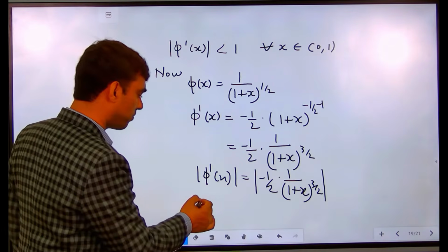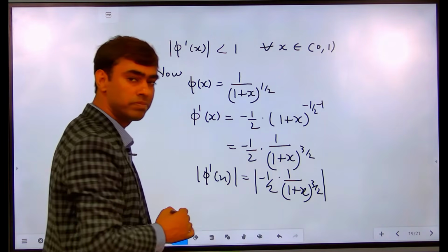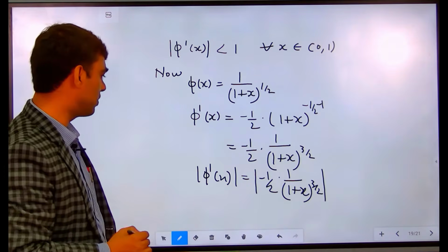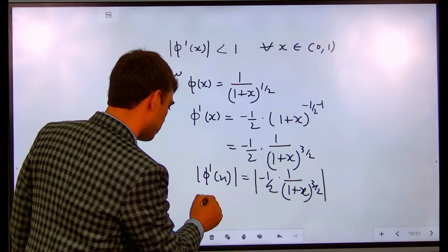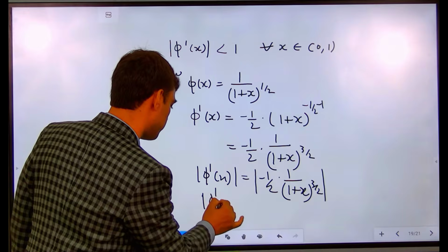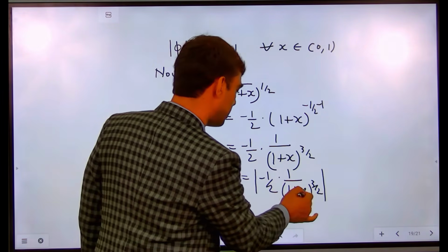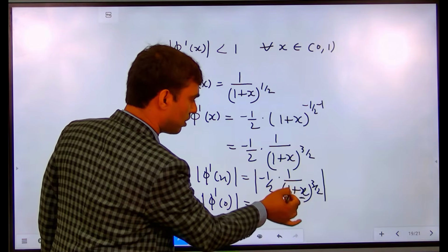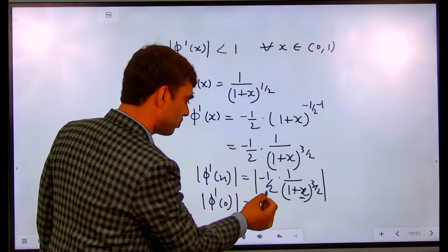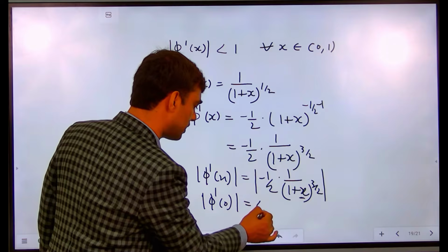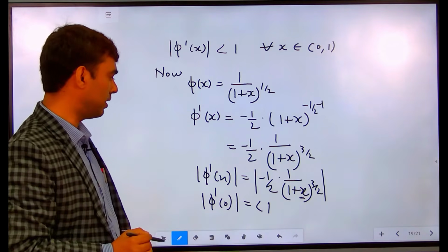Now, what is the value of phi dash 0 in this closed interval? Mod of phi dash 0 equals minus 1 by 2 into 1 to the power 3 by 2, if we put x equal to 0. So this is 1 by 2, which is less than 1.